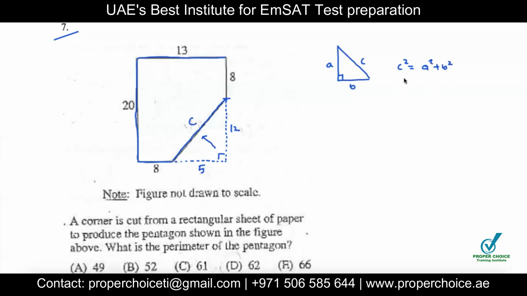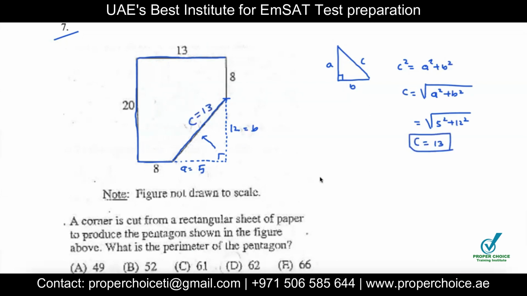So to find C, C is equal to the square root of A square plus B square. I'm just naming one side A and the other B. So it's going to be the square root of 5 square plus 12 square. If you put it in the calculator, you get C as 13.